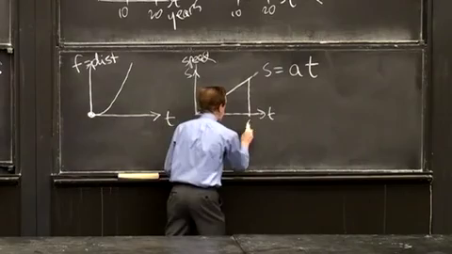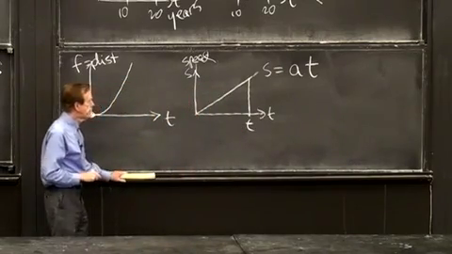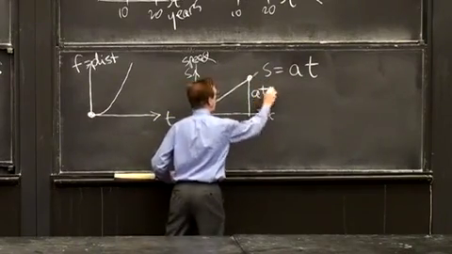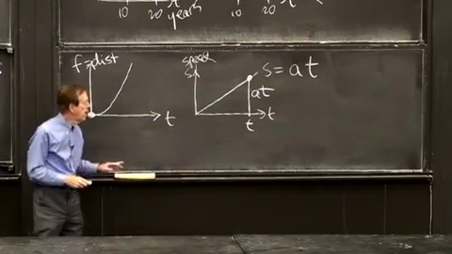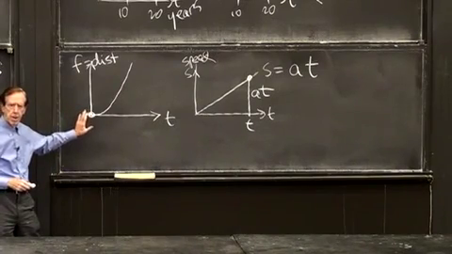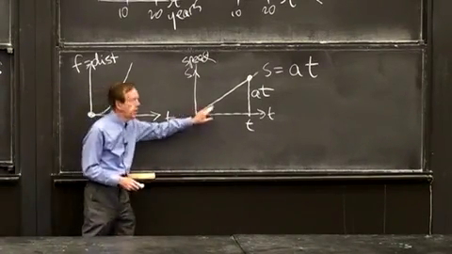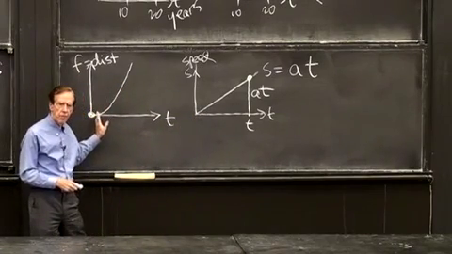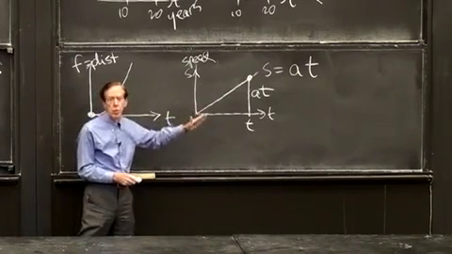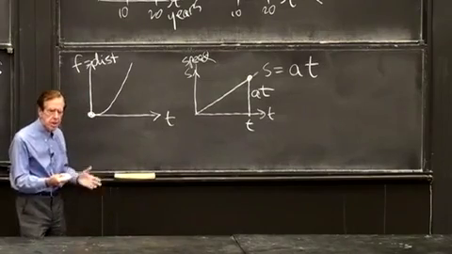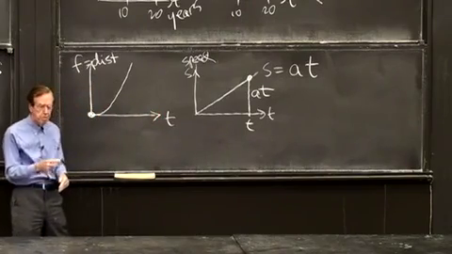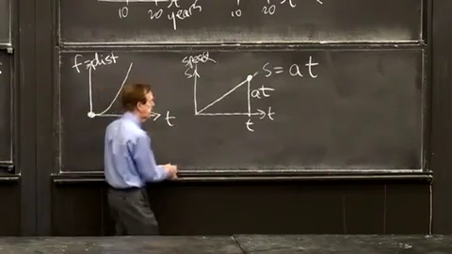That if this is the time t, then of course this height here will be a times t. And the amazing fact is that this graph tells you the area under this one. Function 1 tells you the area under graph 2. And in this example, with a nice constant acceleration, steady increase in speed, we know this is a triangle.